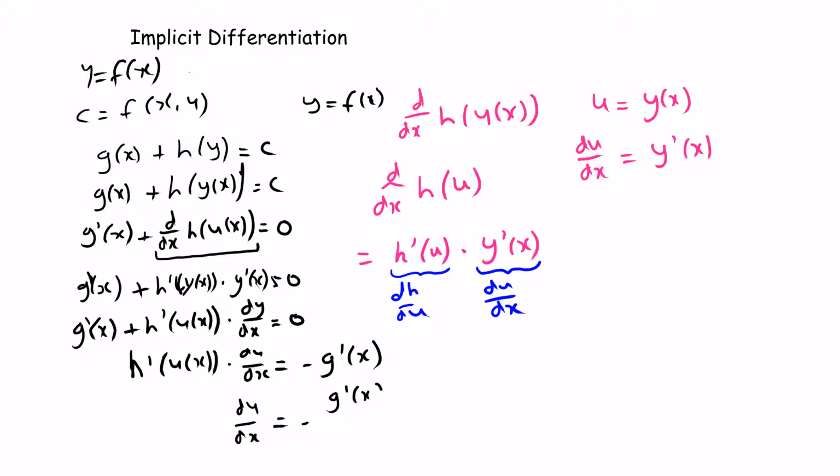So negative g prime of x over h prime of y, and that is the general form of implicit differentiation.